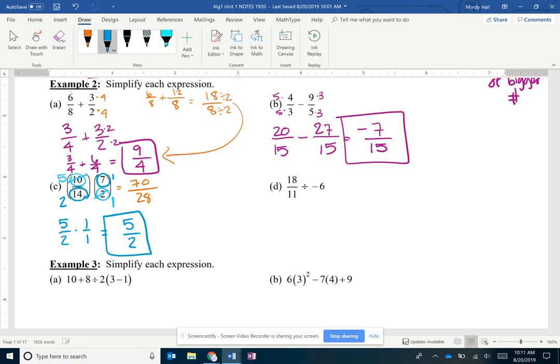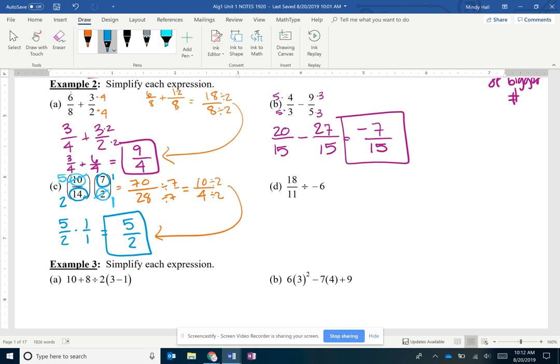Now, maybe you don't believe me and think I must be crazy. If I go to the 70 over 28, both of those can be divided by 7. So if I divide them both by 7, that gives me 10 over 4. And then 10 over 4 can divide top and bottom by 2, which will give you 5 over 2.